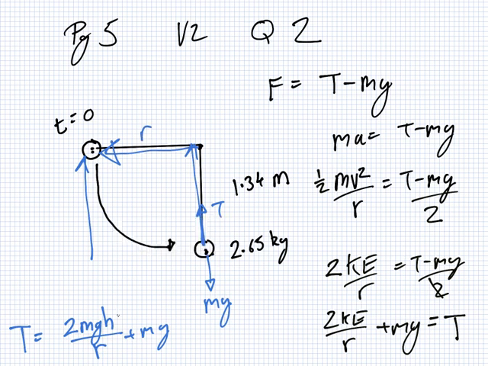You can actually cancel the h with the r. 2mg plus mg, 3mg. So you take your m and you multiply it by the g and the 3. Now I feel like I made a mistake, because I feel like maybe the r should matter.